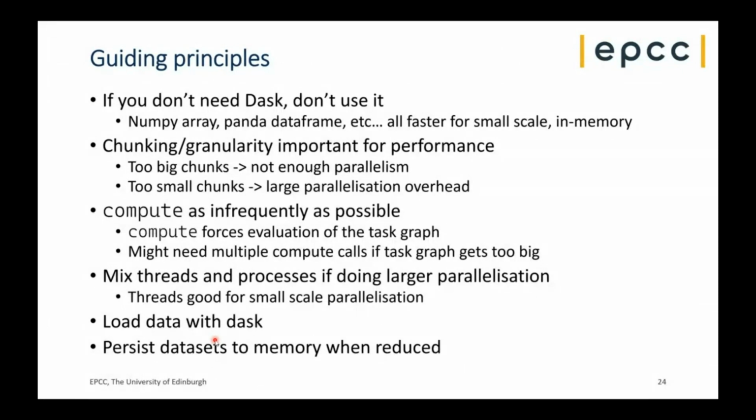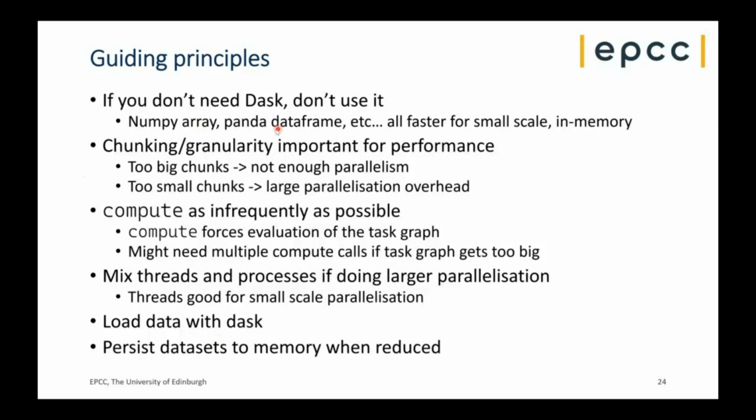There are some guiding principles here, of course, when we're using something like Dask. It's additional functionality. It has some costs associated with it, some overheads, runtime costs. So it can make your program slower if you don't need it. So the idea is, if you don't need Dask, if you're not running out of time, if you're not running out of memory, if you're not wanting to schedule complex things, then you shouldn't use Dask.